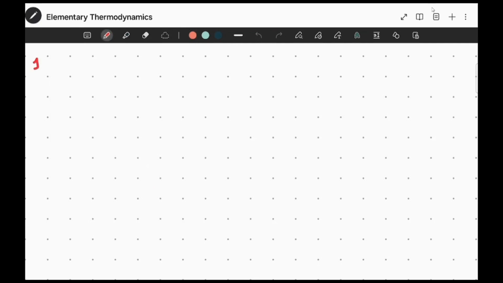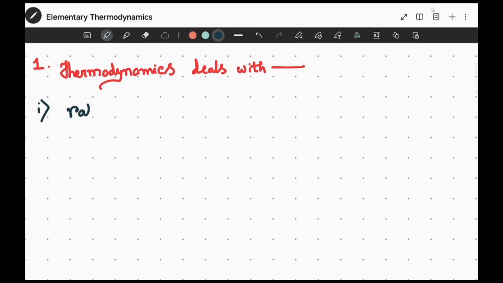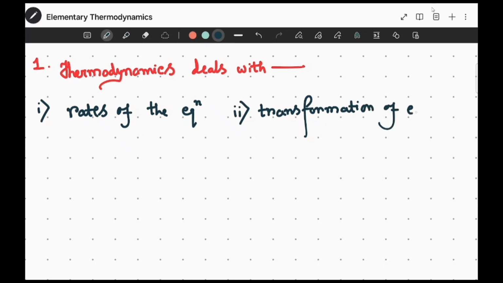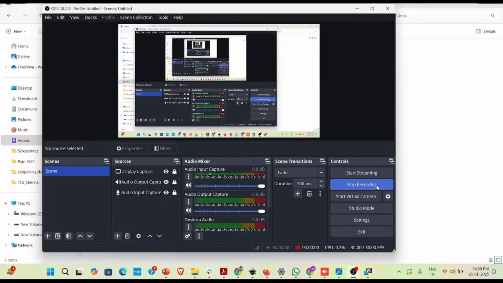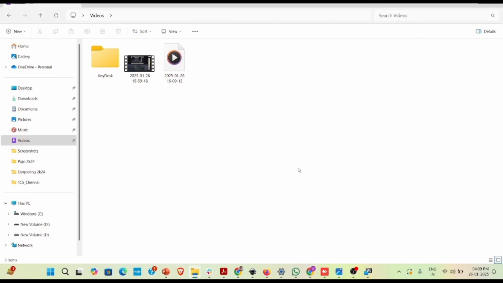By the way, let me ask the first question. Thermodynamics deals with, given four options: rates of equation, transformation of energies.